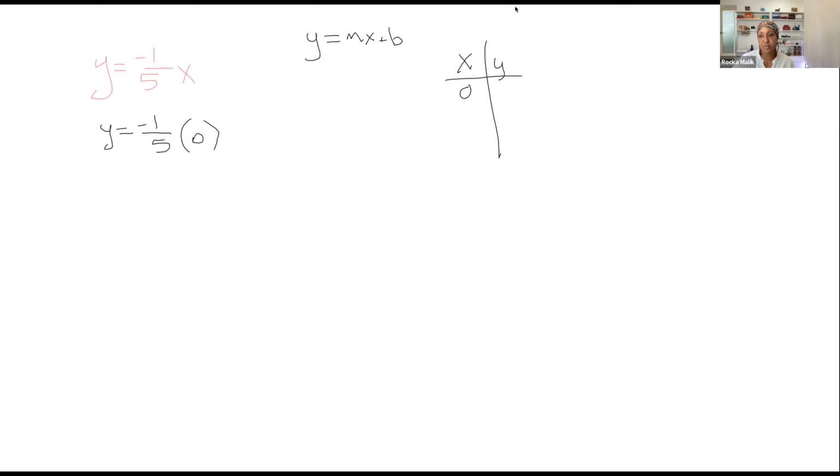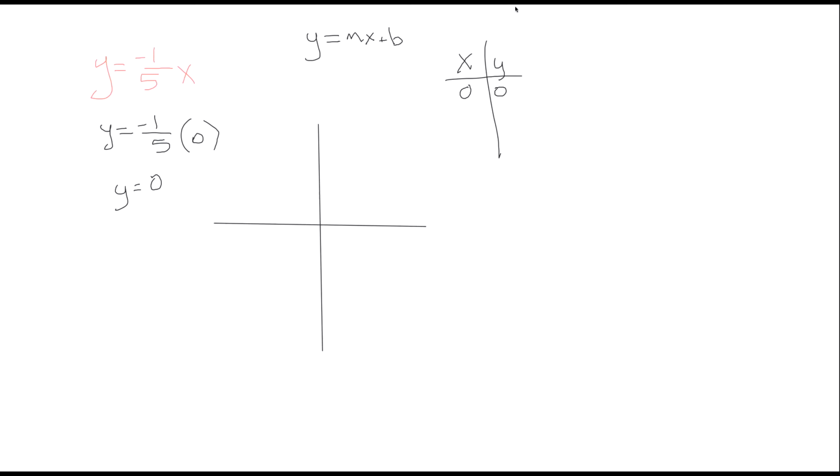It would be 0. So if x is 0 and y is 0, that's also a special point. What's it called? Origin. Good job.